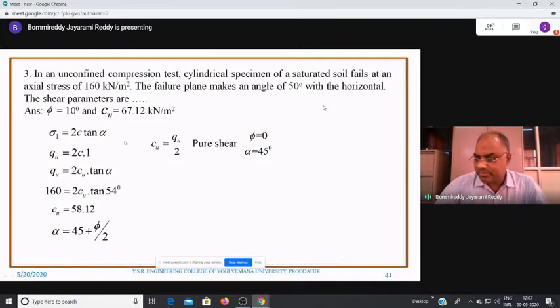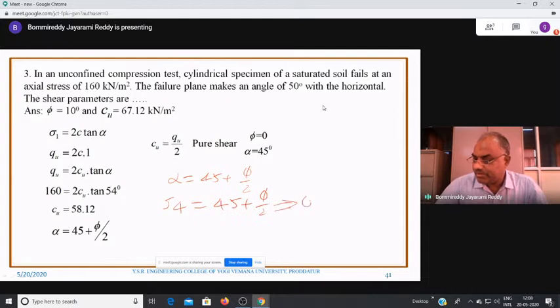What are the things that are given in this particular problem? Alpha equal to 45 plus phi by 2. The alpha value is given as 54, so 54 equal to 45 plus phi by 2.